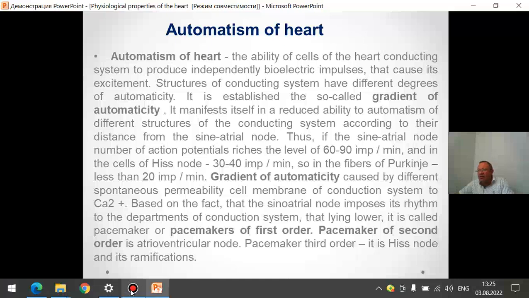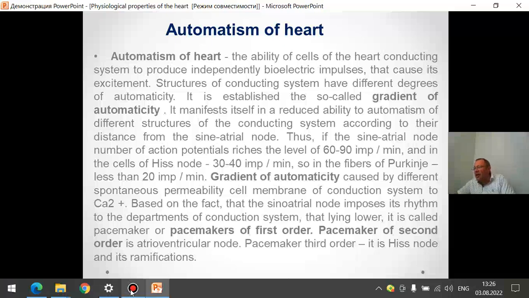Thus, in the sinoatrial node, the number of action potentials reaches 60 to 90 impulses per minute, in the cells of the His node from 30 to 40 impulses per minute, and in the fibers of Purkinje less than 20 impulses per minute. The gradient of automaticity is caused by different spontaneous permeability of the cell membranes of the conduction system to calcium ions.